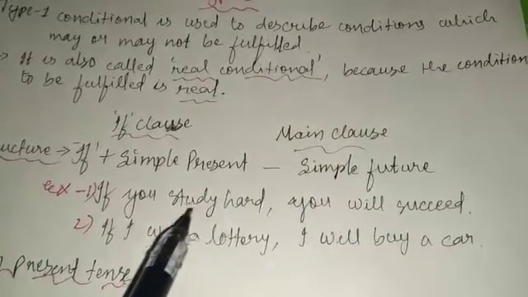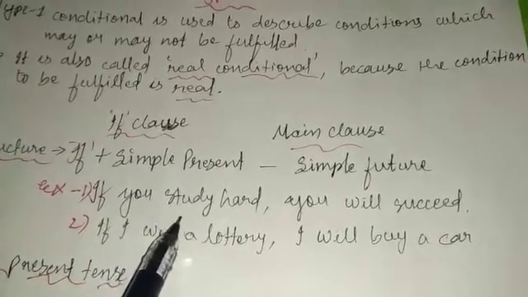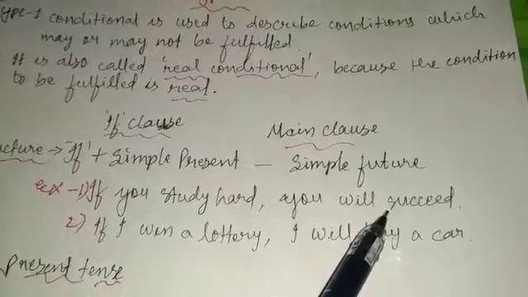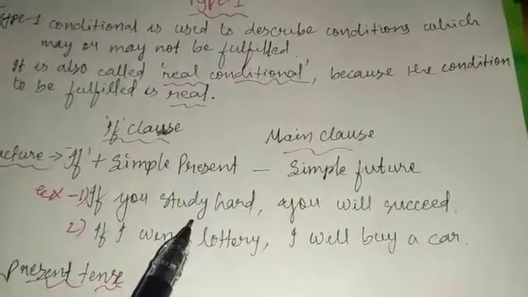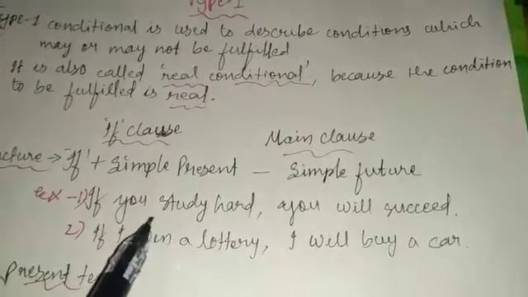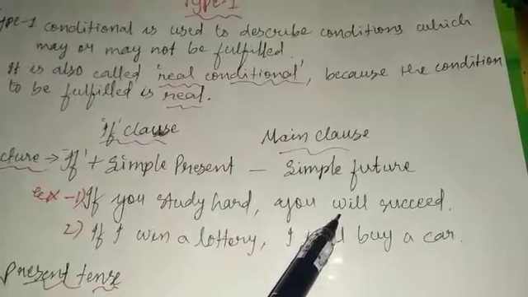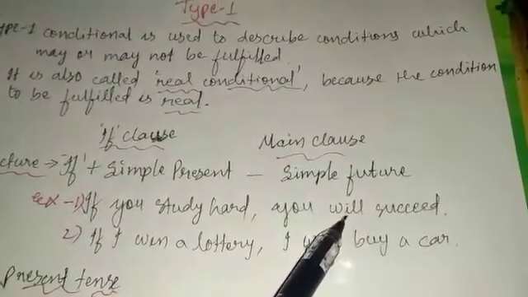What is the condition we make here? That if you study hard, the result will be you will succeed. So if you observe this example, you will understand that if the condition is fulfilled, there will be a likely result.